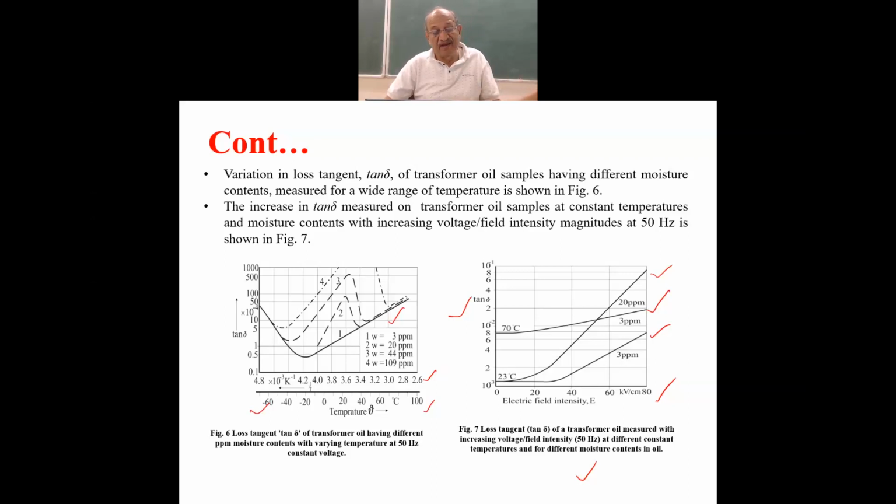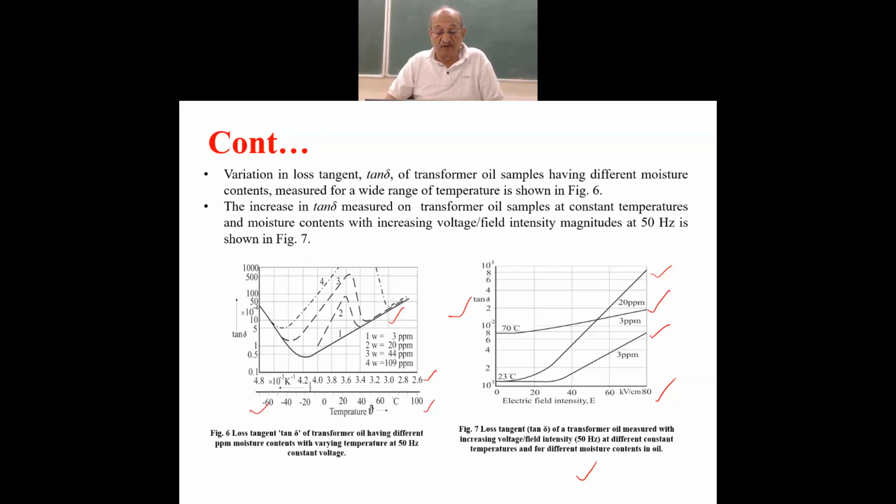Guard ring, why? Because you can imagine the capacitor has been given a shape so that when you apply higher voltage, as you have seen, field intensity up to something like 80 kV per centimeter.